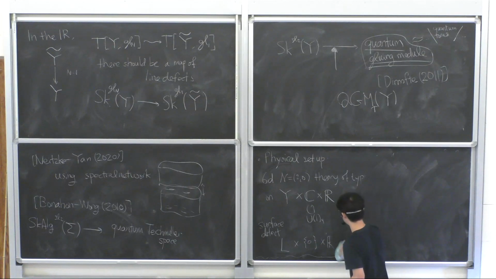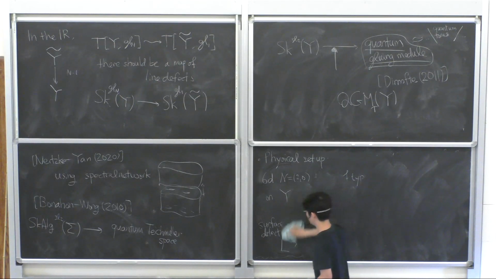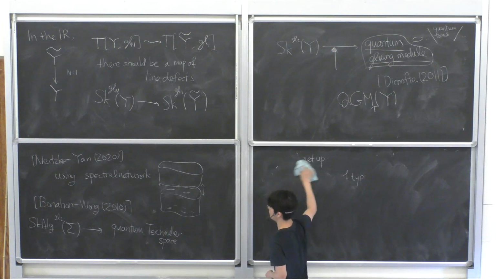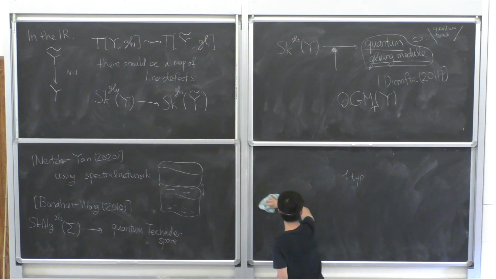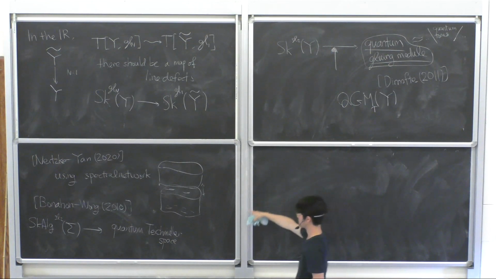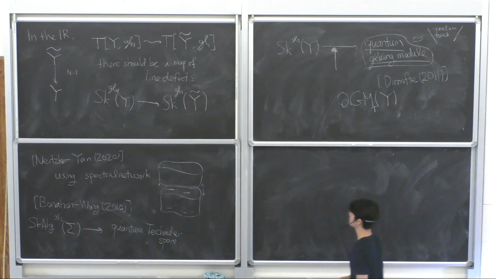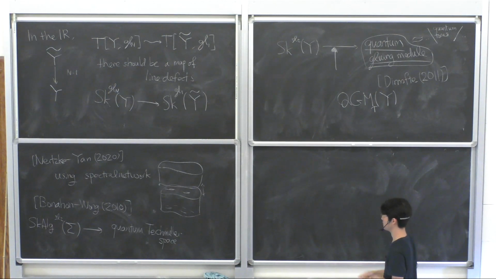Maybe let me also make a remark. I mentioned that there are two different approaches to abelianization: one is to use spectral networks, and the other is this combinatorial version. There is definitely benefit in pursuing these different directions.